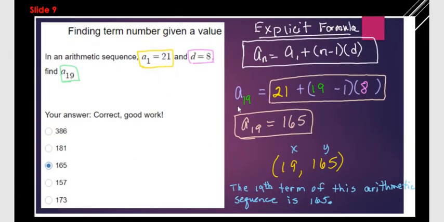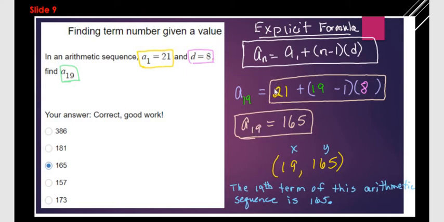Slide number 9, you're going to find the term number given a value. So you have an arithmetic sequence, the first term is 21, the common difference is 8, and you're going to find the 19th term. So you're going to use this explicit formula right here. Substitute in the first term, substitute in the term you're trying to find, which as you can see is right here, and I've color coded it, and then 8 right here.